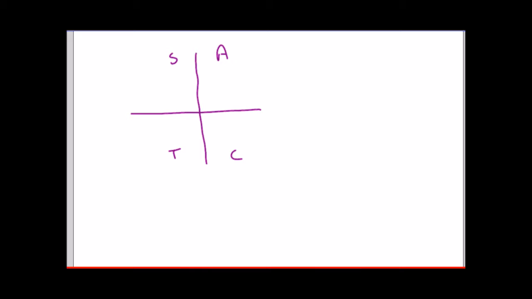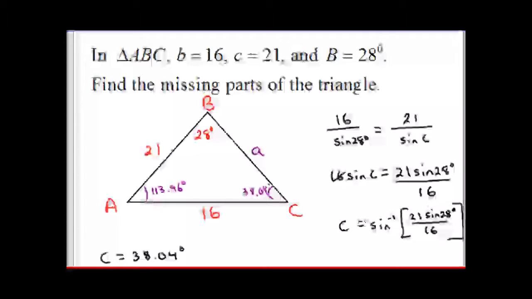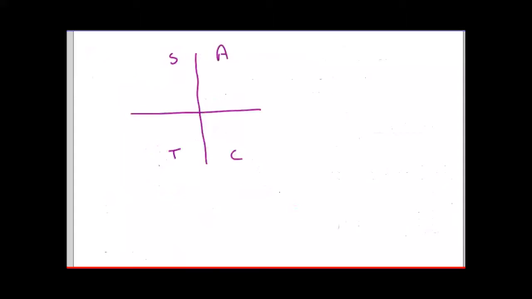Or we remember sine goes with y, so whenever you go up, sine is positive. So when I took the inverse sine and got that angle C was 38.04, it could be that we had a triangle in the first quadrant, and this angle is 38.04. But it could also be that we have a triangle in the second quadrant, and this angle is 38.04 degrees.